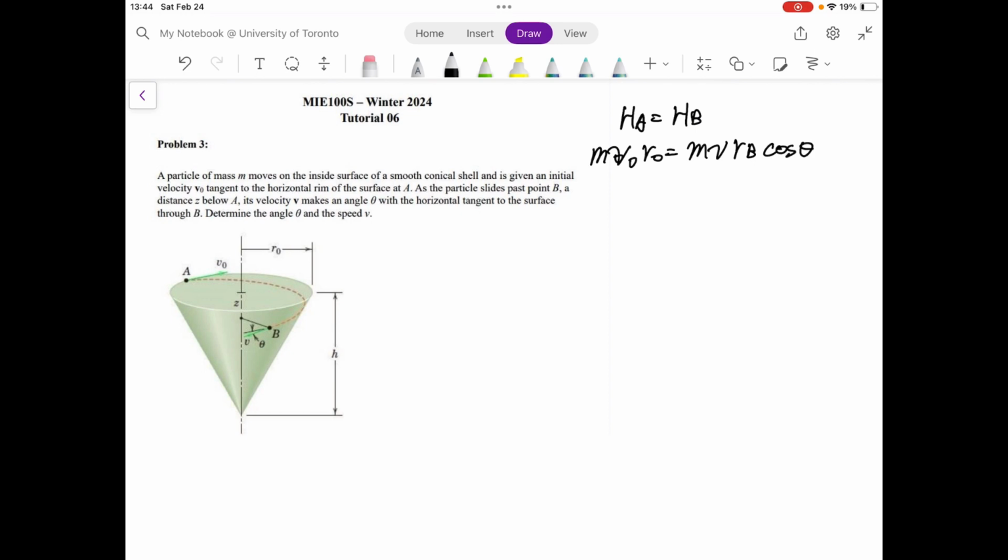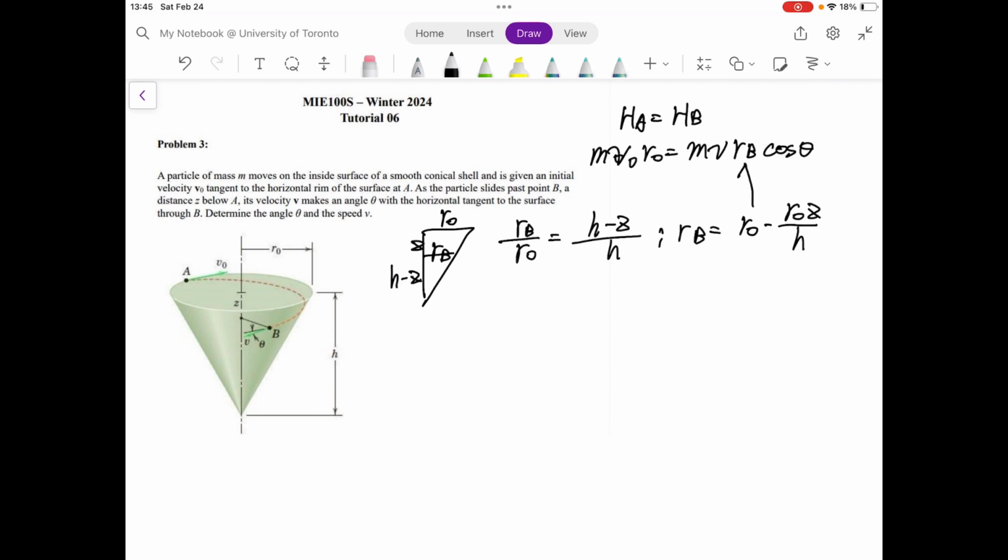If we take a cross section of the shell, here's A, here's H minus z, here's rB, here's rO. So rB over rO is equal to (H minus z) over H. So rB is equal to rO minus rO z over H.